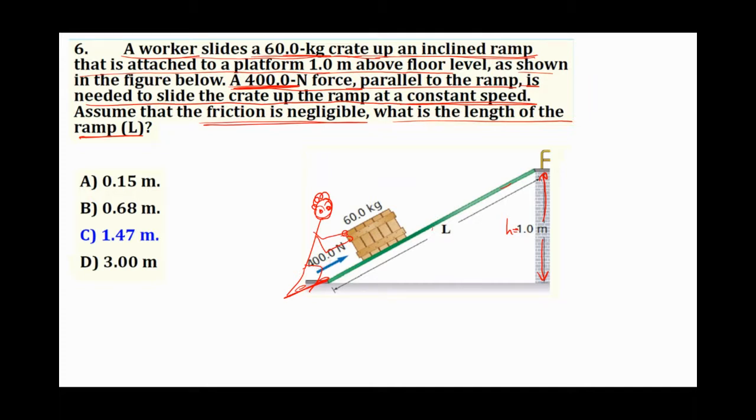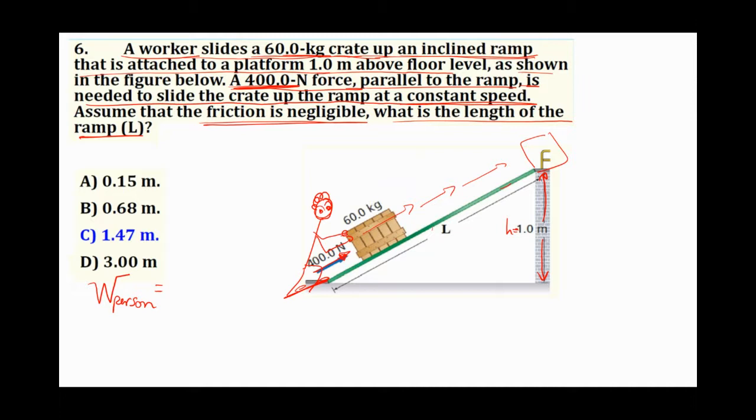So what is the work that he does? He applies a force of 400 Newton parallel to the ramp. He pushes with this force until he reaches up the ramp. So what is the work that he exerts? The work done by the worker equals what? Can anybody answer me?